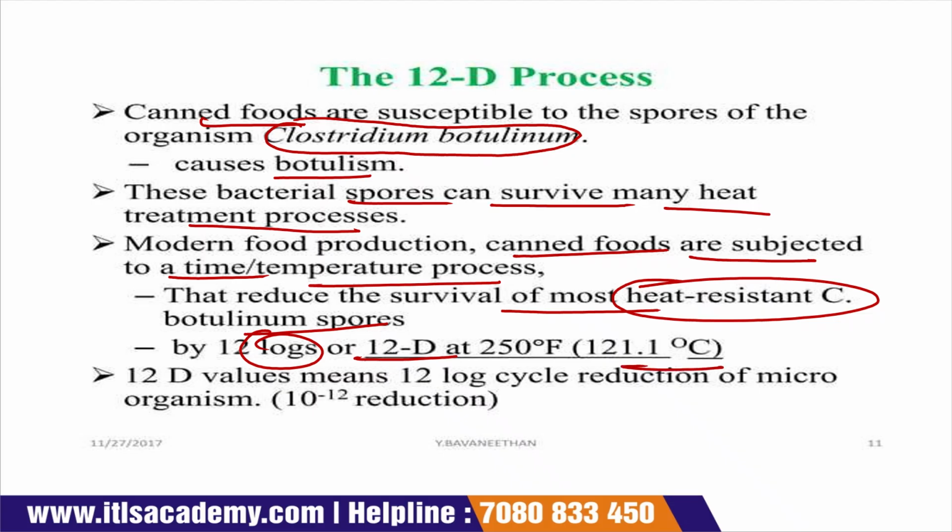Here the 12D value simply means a 12 log cycle reduction of the microorganism.